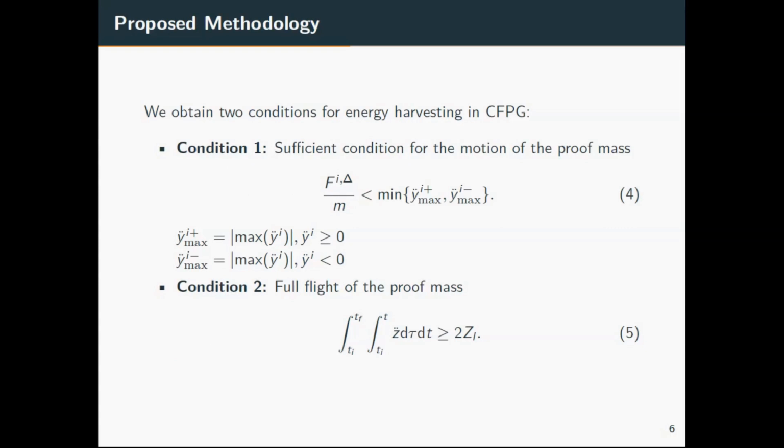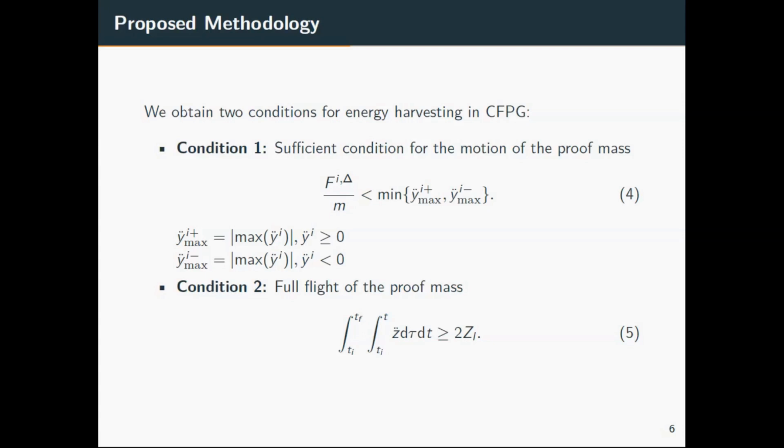So there are a couple of conditions here. First of all, when you look at the maximum absolute value of the acceleration in each direction, it has to be greater than the electrostatic force. So for sure, if the electrostatic force is greater than the maximum acceleration, this proof mass is not going to travel at all.